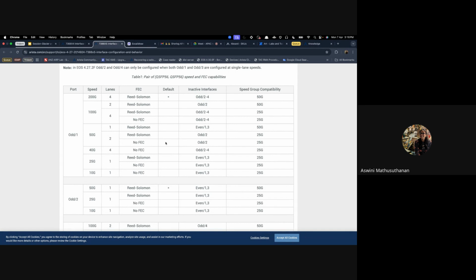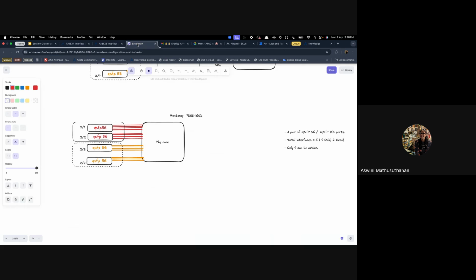Similarly, if we take a look at 50 gig, because the even side goes off, 50 gig is one, right? So when we take a look at this, one resource is used. So there is still a possibility that these 3 can be active.